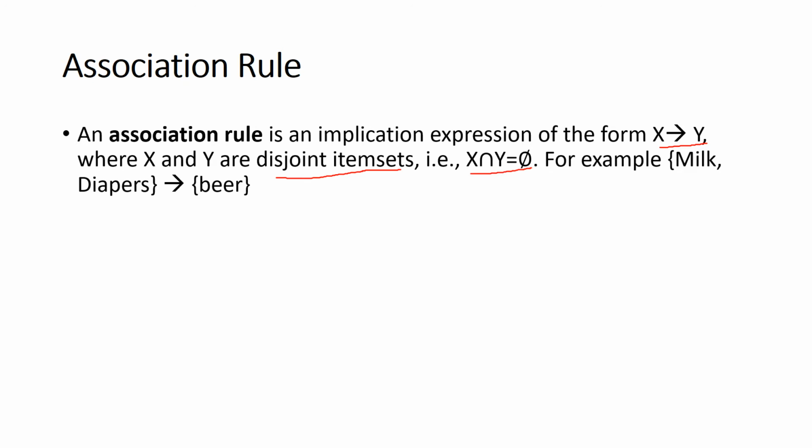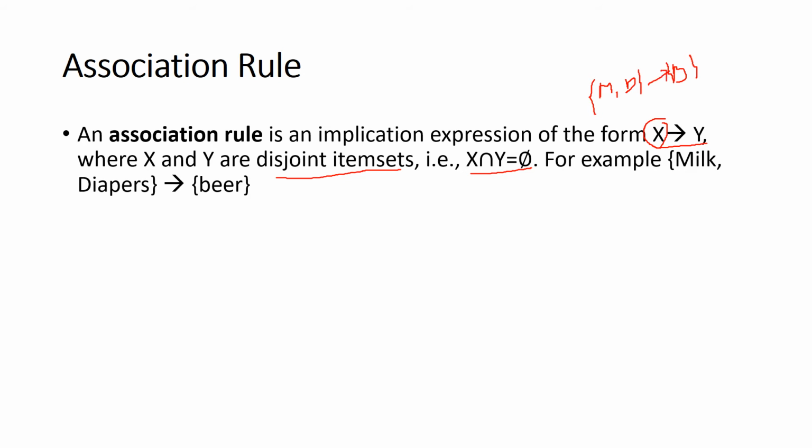For example, let us assume the item set X is milk and diaper, and the item set Y is beer. So now an association rule, which is an implication expression, is going to be milk and diaper to beer.